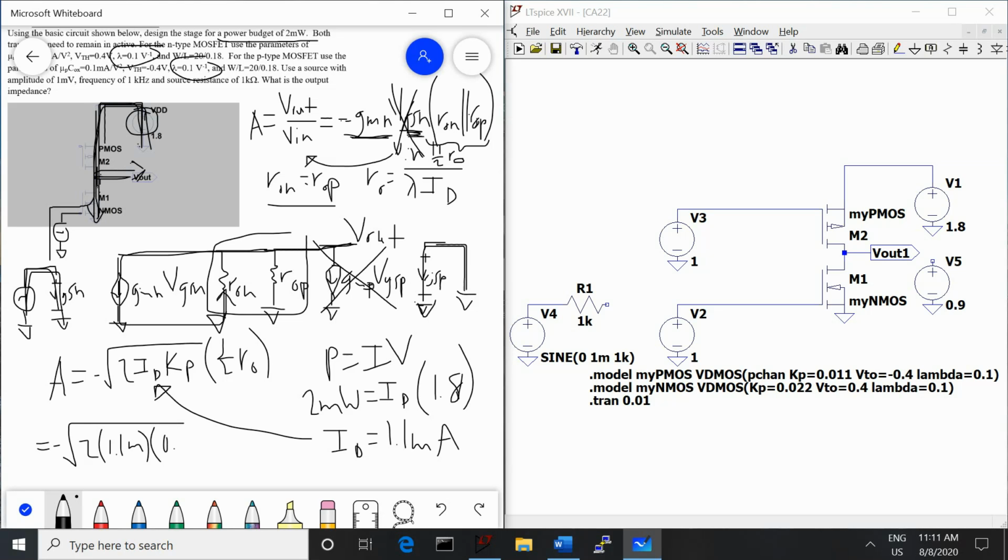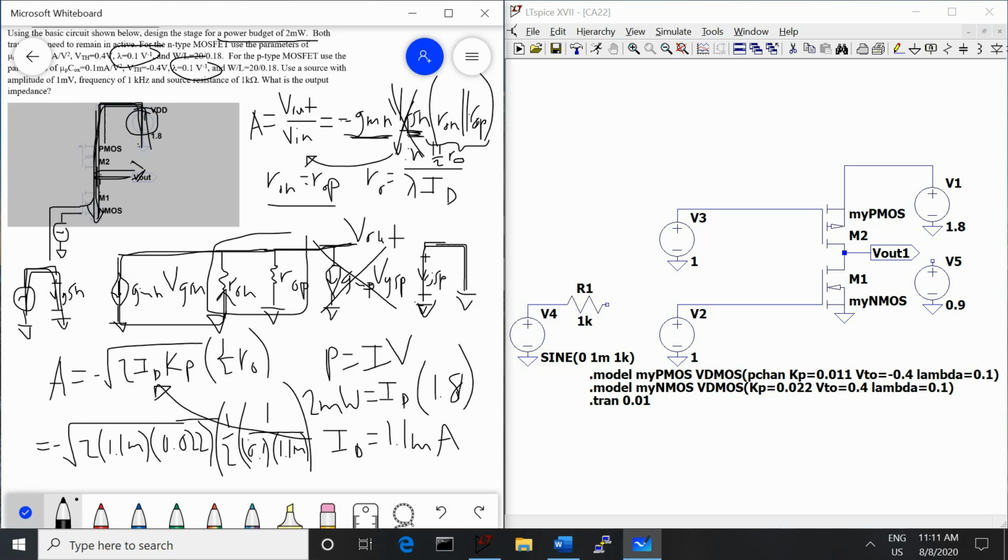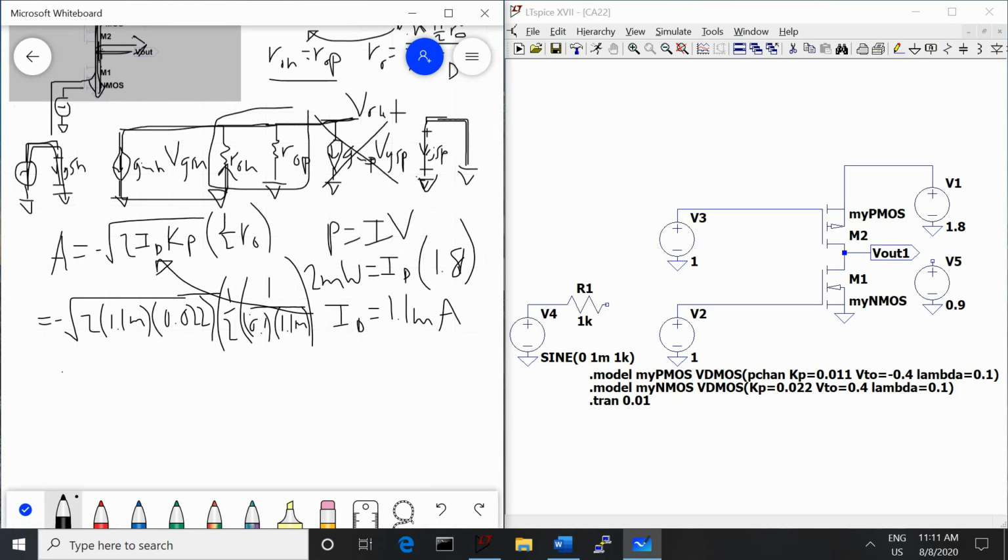So that's Kp of the NMOS, which is 0.022, and then we multiply that by 1/2 times R naught, and R naught is 1 over lambda, which is 0.1, times ID again, which is 1.1 milliamps. So that gives us a gain of 32. So that means that when we bias our transistors and solve this circuit problem, we should end up with a gain somewhere around 32.